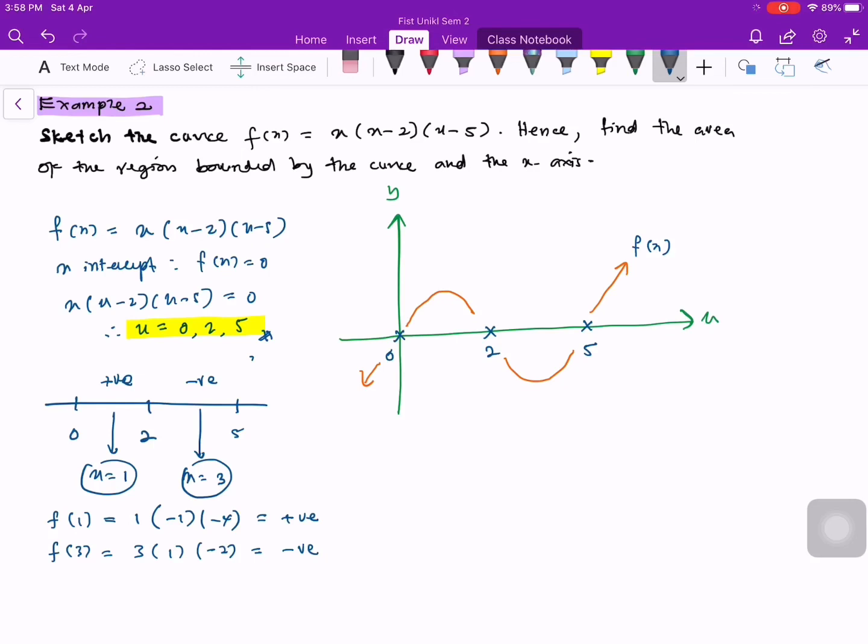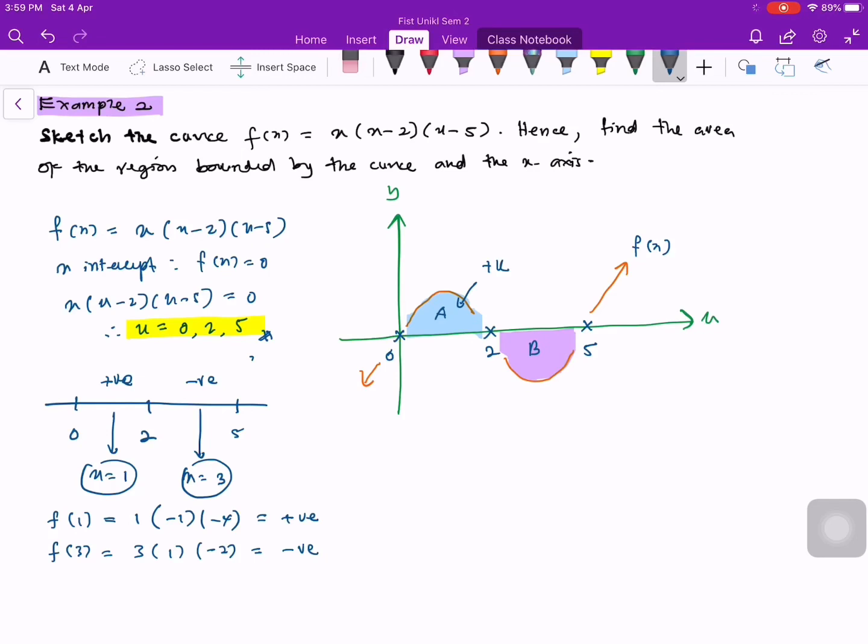Okay, so now kita nak dapatkan region bounded between curve and also between curve and x-axis. So this is actually the region that we're looking for. Okay, so on the positive side and also on the negative side. So kita ada dua region. Okay, kita ada dua region. Alright, so katakan dekat sini saya letakkan dia sebagai A dan juga B. So we know that for region A is a positive of integral.